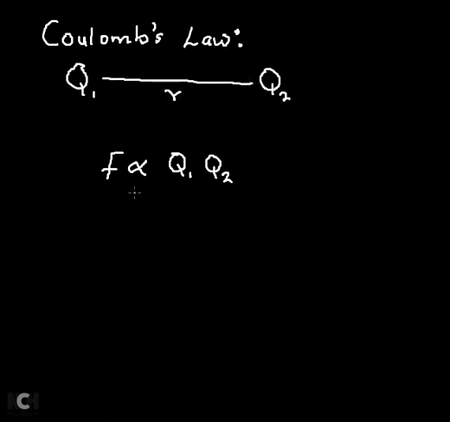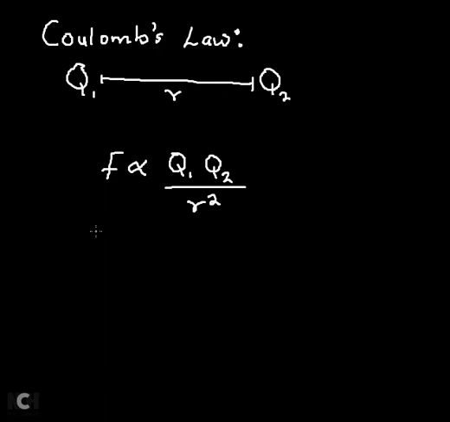So according to Coulomb's law, the force of attraction between two electric charges is directly proportional to the product of the charges and inversely proportional to the square of their distance apart. The r is the distance between the two charges Q1 and Q2.